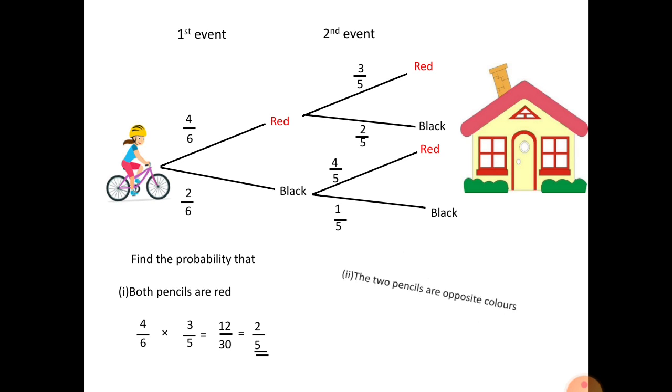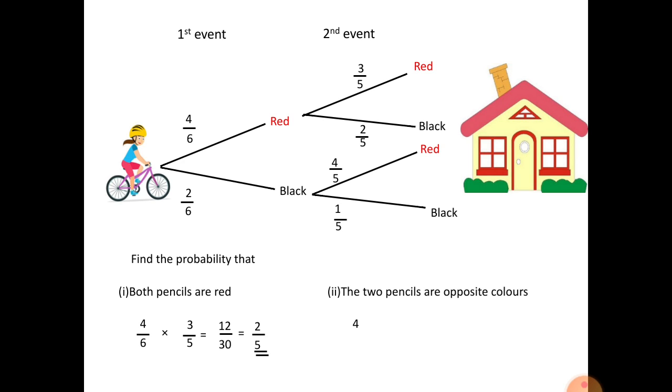For the second question, they ask to find the probability that the 2 pencils are opposite colors. Here, you have to find out how many roads there are and what those roads are. Opposite color means you have to pass red and black.